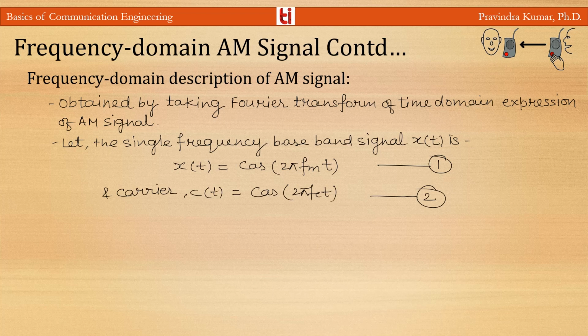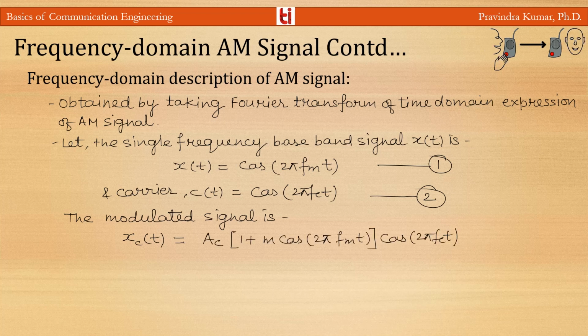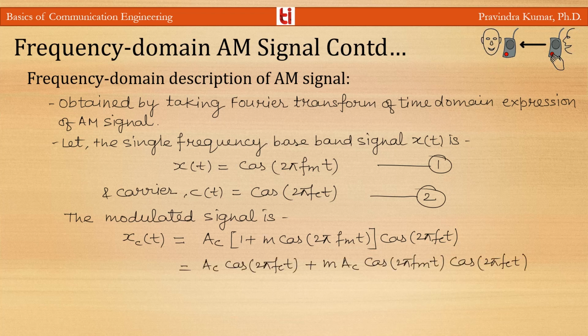Then the modulated signal, from the previous lecture, is Ac(1 + m cos 2π fm t) cos 2π fc t, and it will be equal to Ac cos 2π fc t + m Ac cos 2π fm t cos 2π fc t.